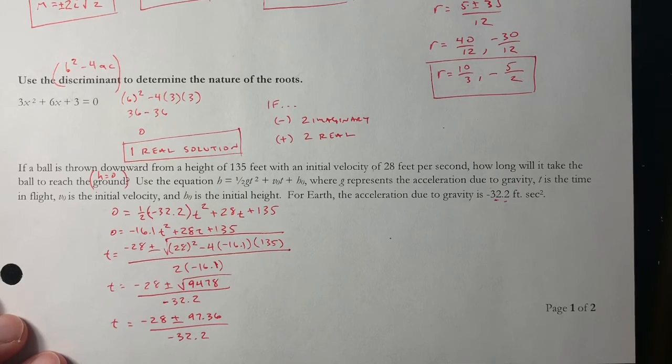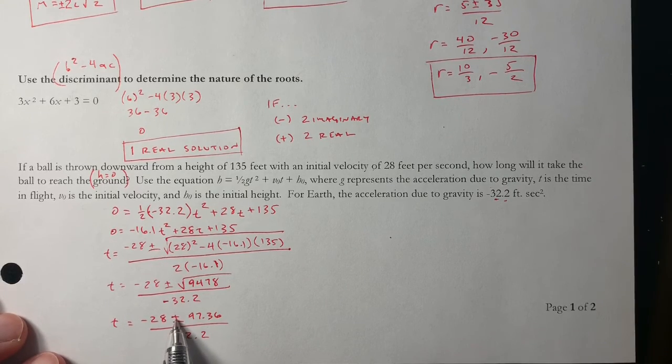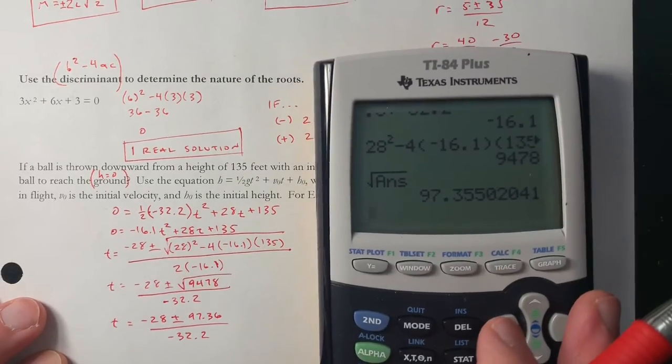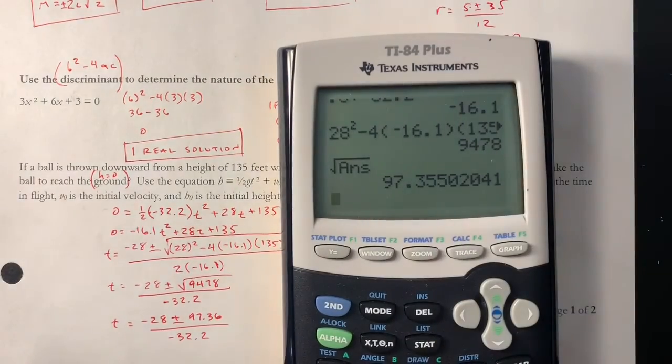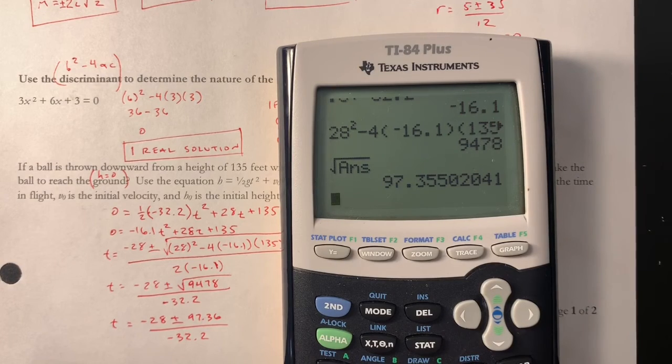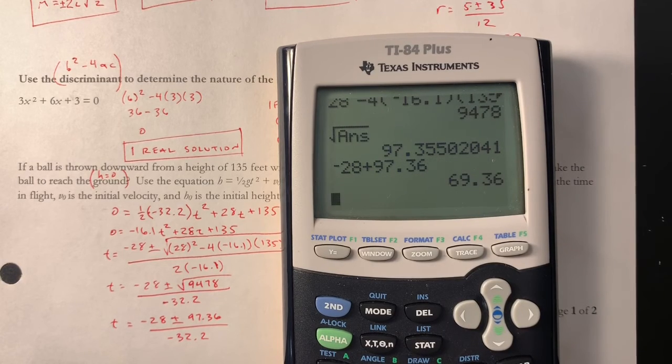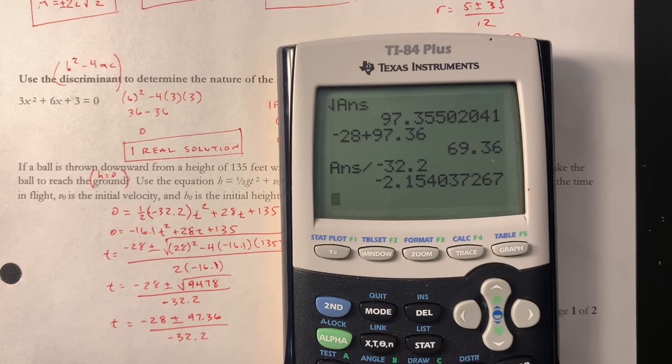Okay, so now we need to solve two expressions, so this with a plus and then with a minus. So we've got negative 28 plus 97.36, and then we're going to divide that by negative 32.2, and we get negative 2.15 seconds. Okay, now that number doesn't really make sense, but we're going to make note of that anyways. That's one of the solutions.